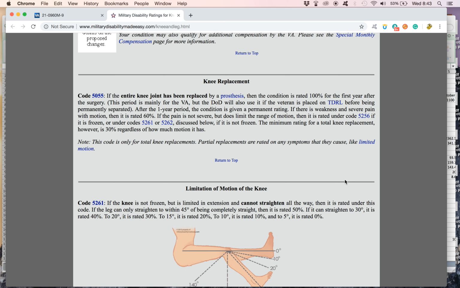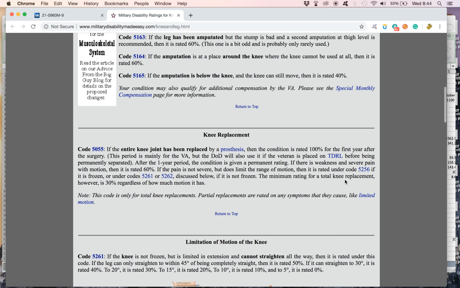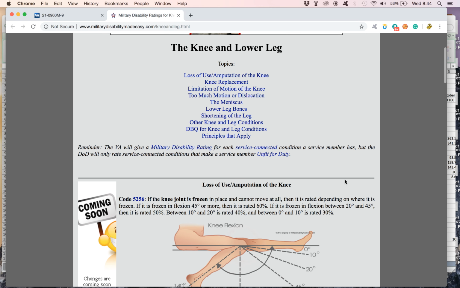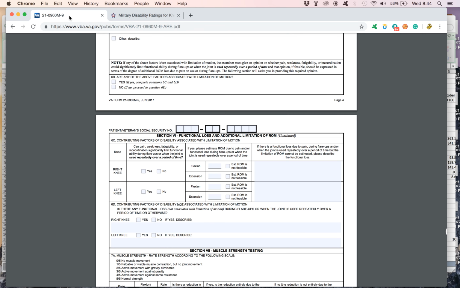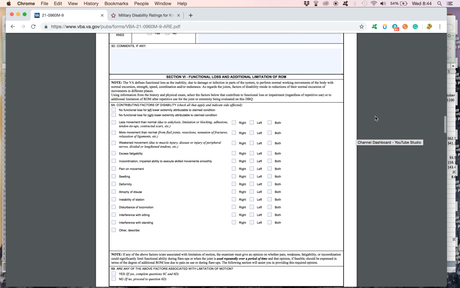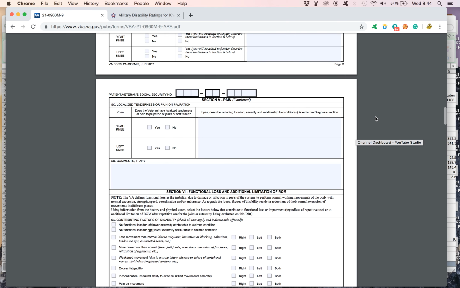All right, guys. So again, I just want you to understand how you can get rated multiple times in regards to the knee condition, and how to go about getting rated for all three, which is flexion, extension, and instability of the knee.